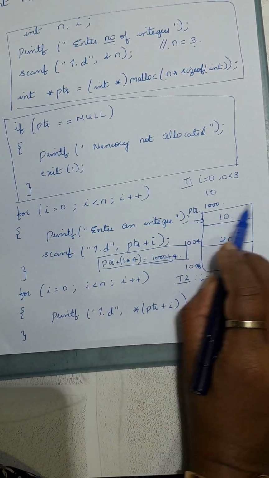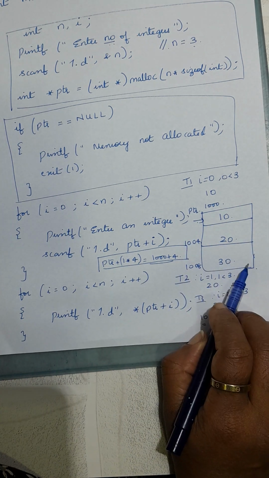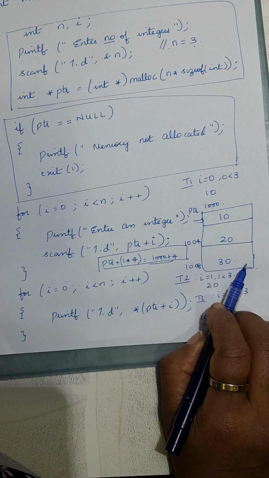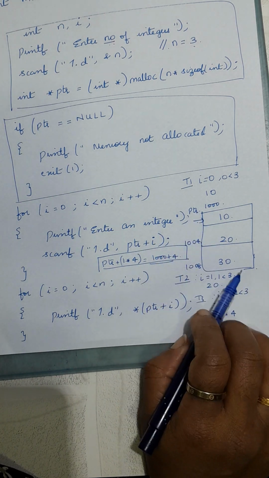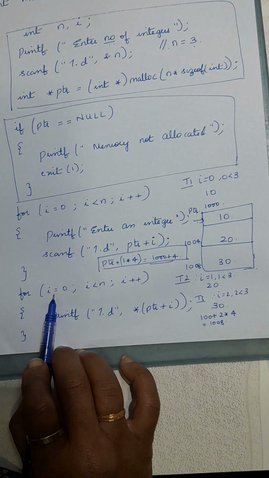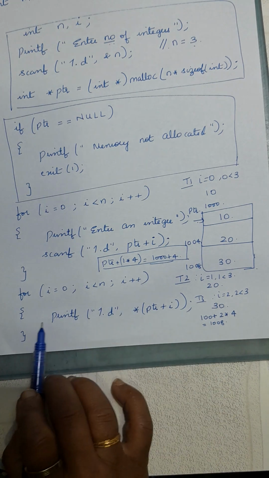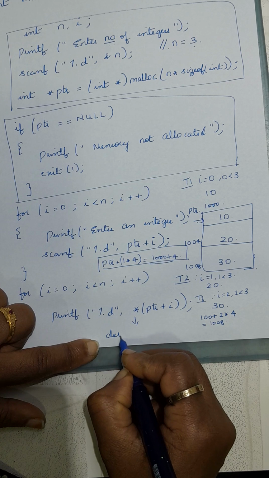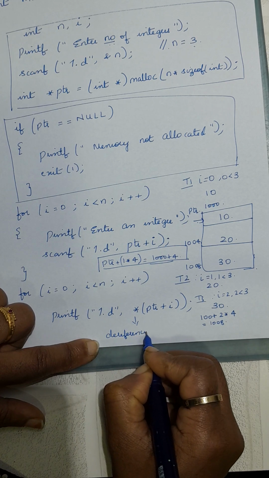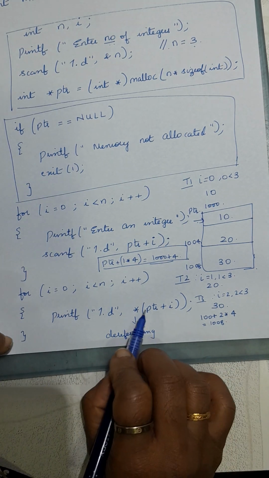So we have a large block of memory, fine, which is allocated, and the values are stored. Finally, how do we print? For i is equal to 0, i less than n, i plus plus, printf %d star. This is called the dereferencing operator, which means star ptr plus i.